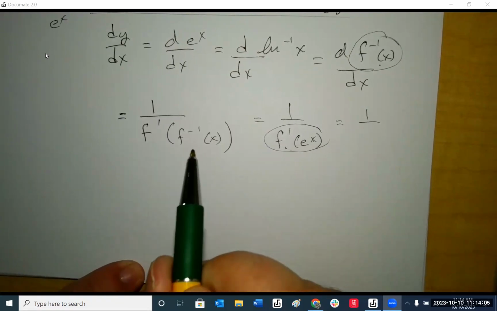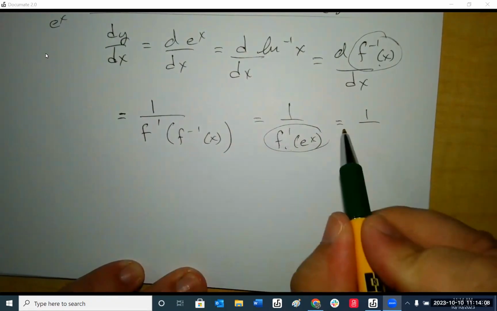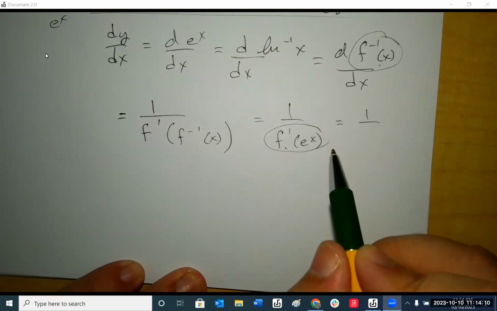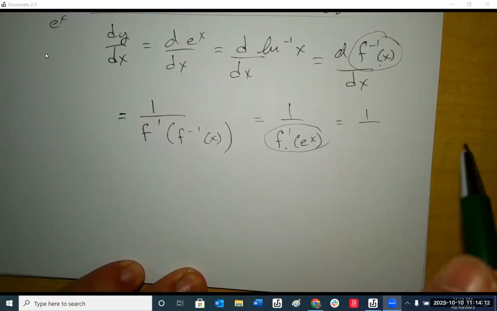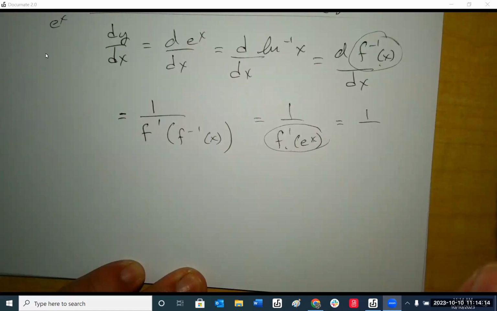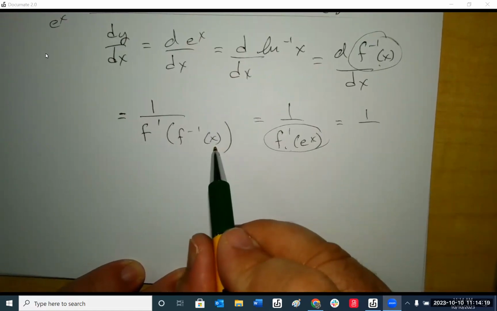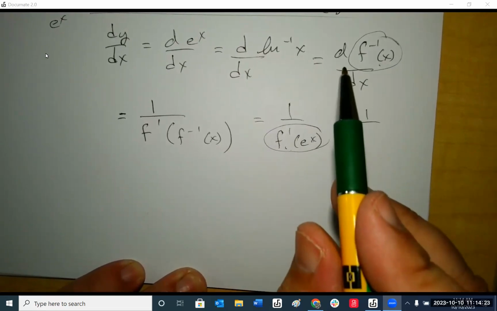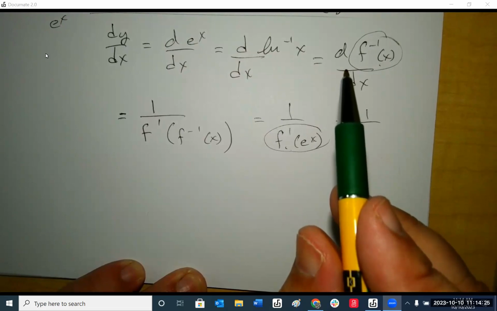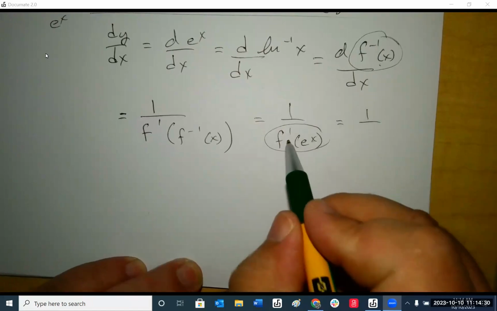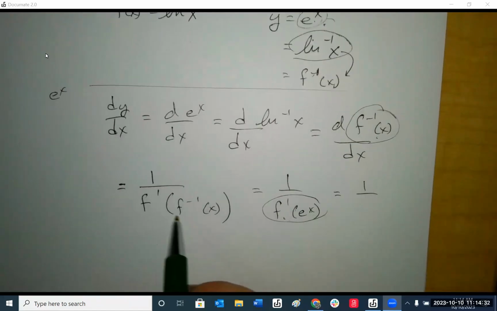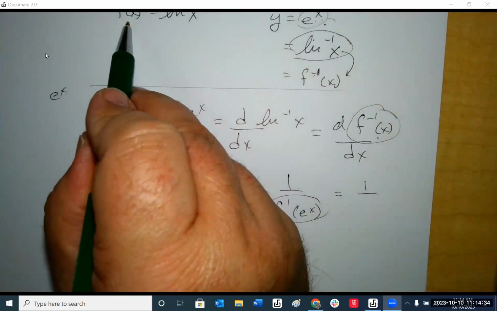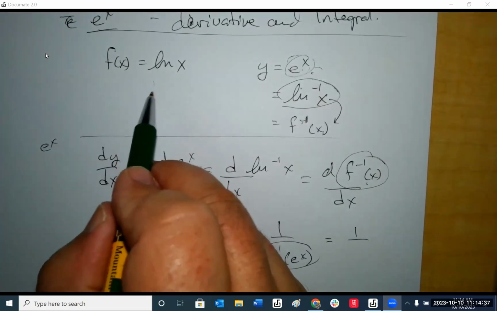F, f inverse, f prime, e to the power x. Because the derivative of our original function, ln, is 1 over x.